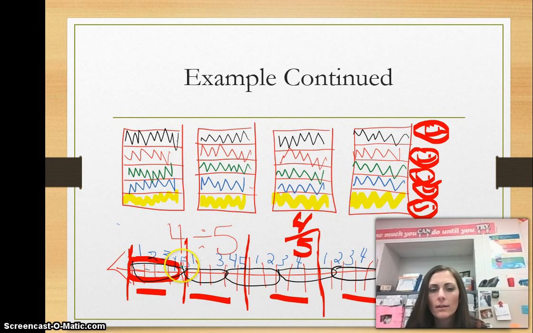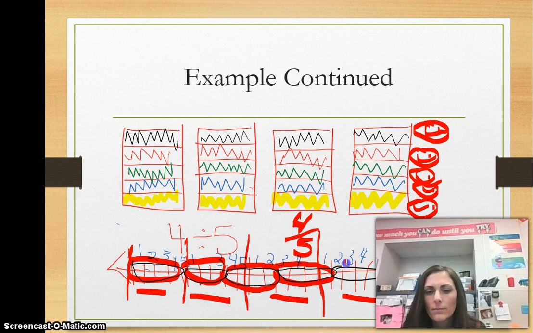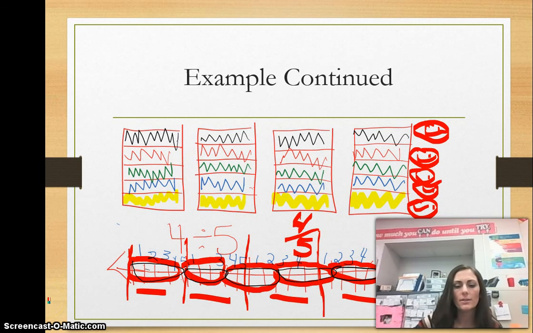There's 1, 2, 3, 4, 5. Awesome. So that's one way to show that 4 divided by 5 is also represented as 4/5.